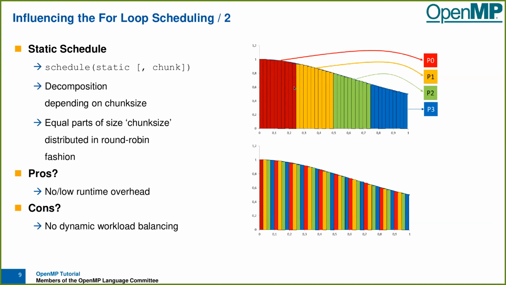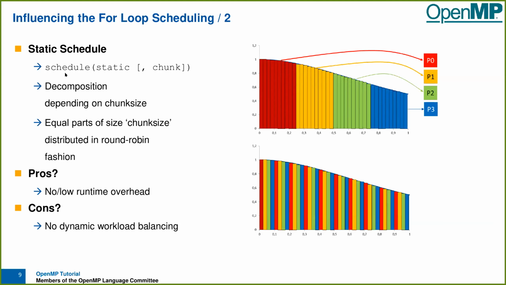And by default, with a schedule static, thread 0 would have to work much more than thread 3, because in both cases they get the same number of iterations, but these iterations are computationally more costly. So they are relative, but that means we have a load imbalance.